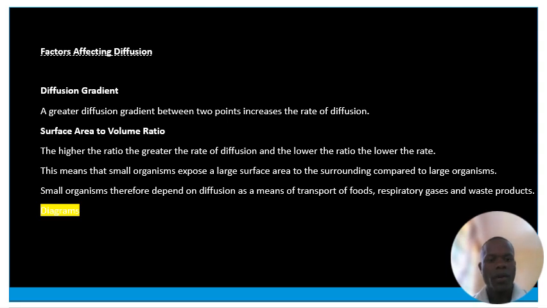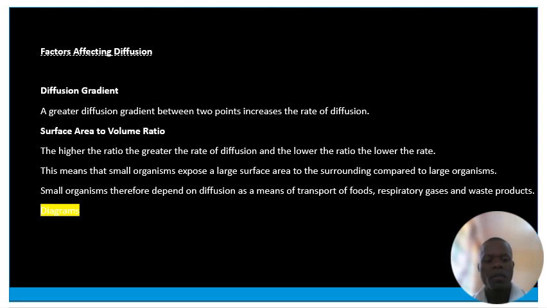Another factor is surface area to volume ratio. The higher the ratio, the greater the rate of diffusion, and the lower the ratio, the lower the rate. This means that small organisms expose a large surface area to the surroundings compared to large organisms, for example an elephant.